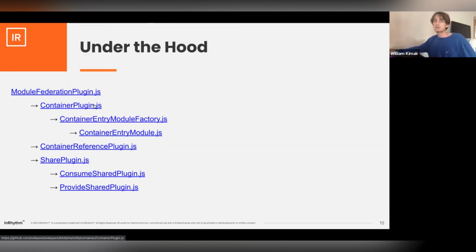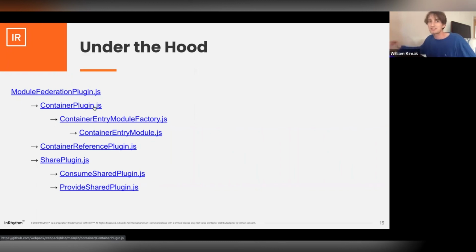The container plugin is what is used for remote applications. Specifically, if there's an application in the plugin options that uses the exposes key, you'll see in the source code there's a conditional. It'll instantiate a new container plugin.